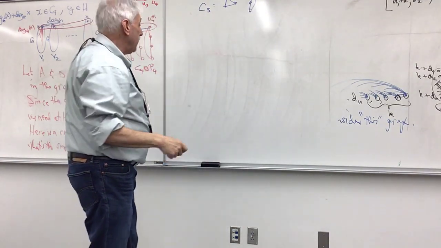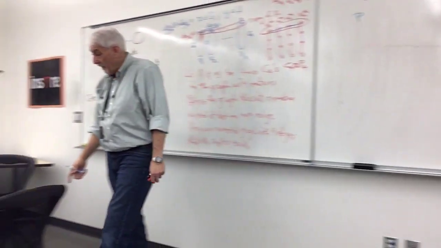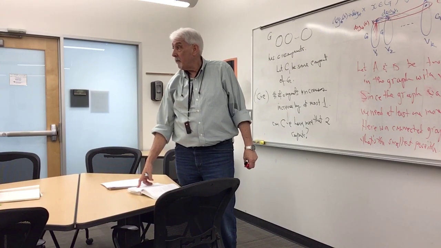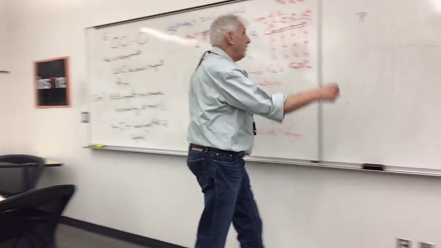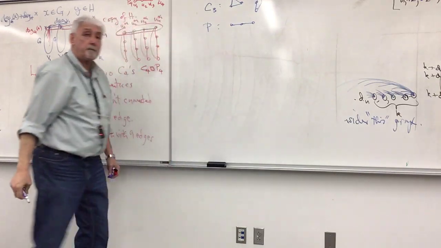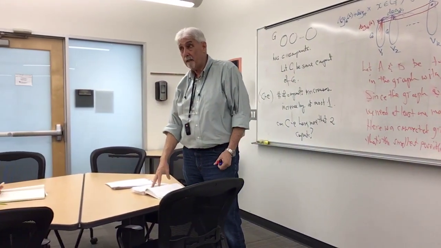And there are many other ways you can draw it. And a P3, if you go back and look, is a subgraph, a path on 3 vertices. Path on 3 vertices. Okay, it isn't a path of length 3.